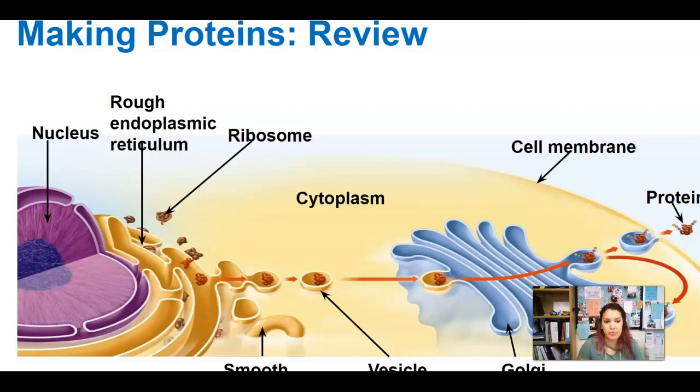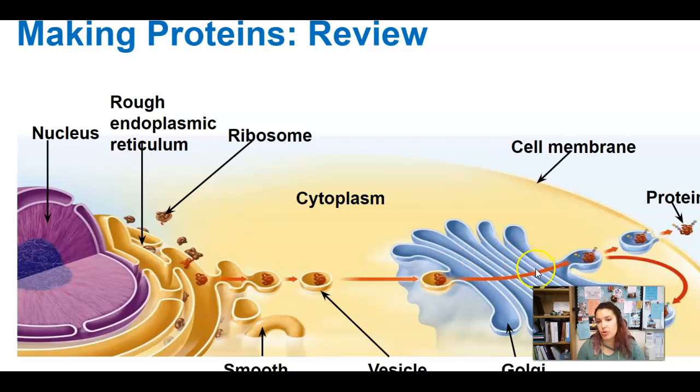Okay, so review. It starts out in the nucleus, that's where they're made. The rough endoplasmic reticulum is where they can go. R for ribosome, rough. Sometimes we get free ribosomes floating throughout the cytoplasm of the cell. They can travel through the smooth endoplasmic reticulum and leave it through vesicles.